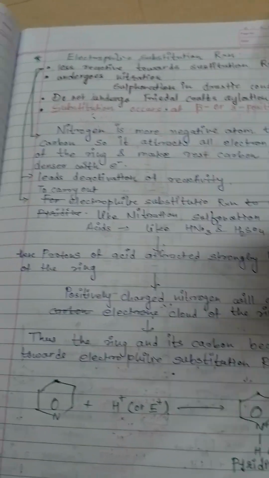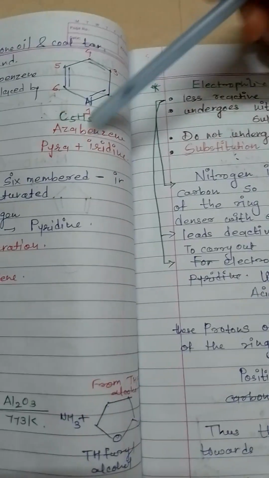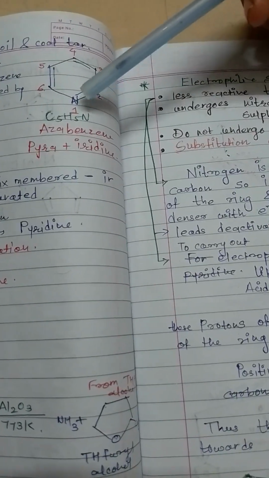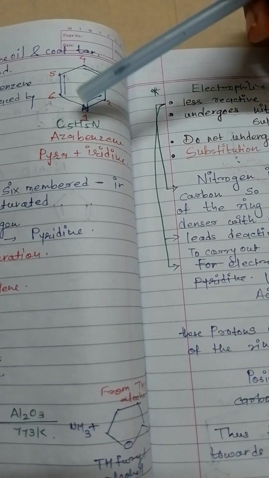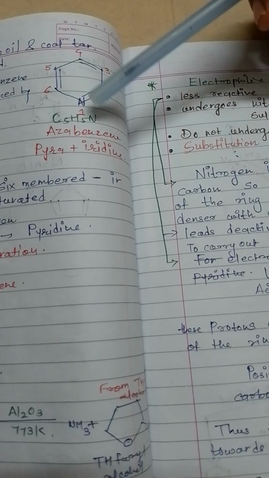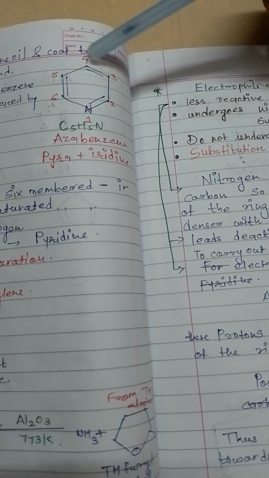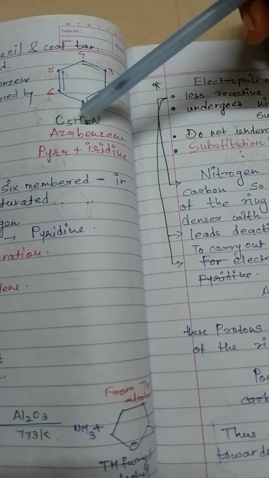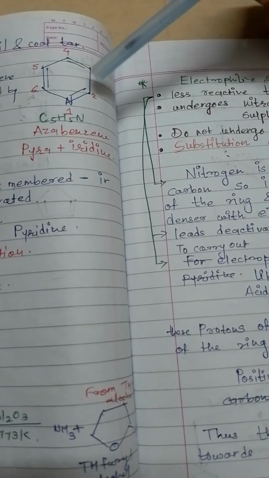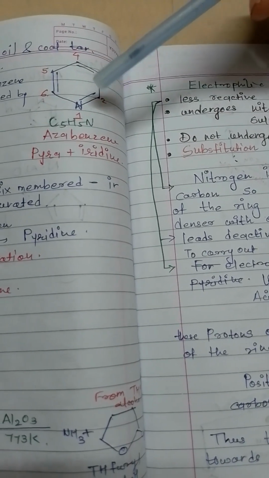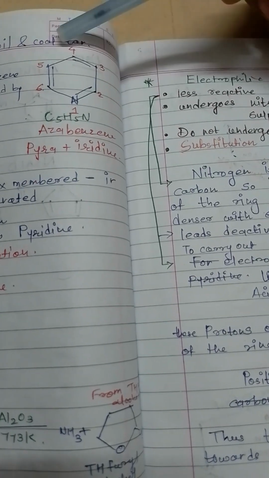So let us understand. See, this nitrogen atom which is present in the ring is more electronegative, so it will attract the electron cloud towards it. So the rest of the carbons will have lesser electron density, right, and they will become more positive.